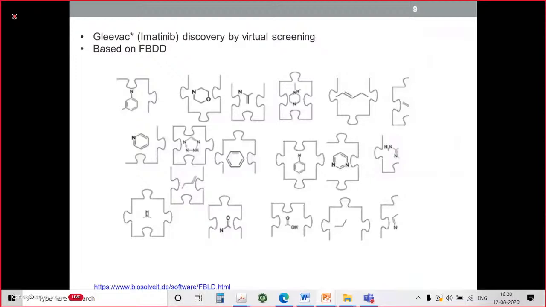And this virtual screening is based on fragment-based drug design.